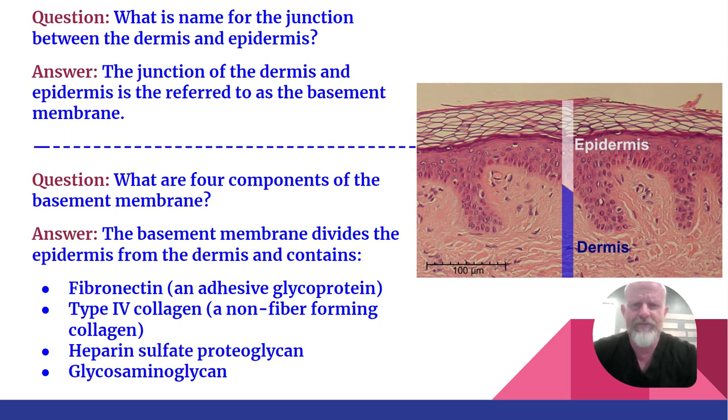What is the name for the junction between the dermis and the epidermis? The answer is the basement membrane. So the epidermis is composed of several different areas, kind of going from lowest to highest. You've got your basement membrane, and then the stratum basale, which is where your melanocytes are.